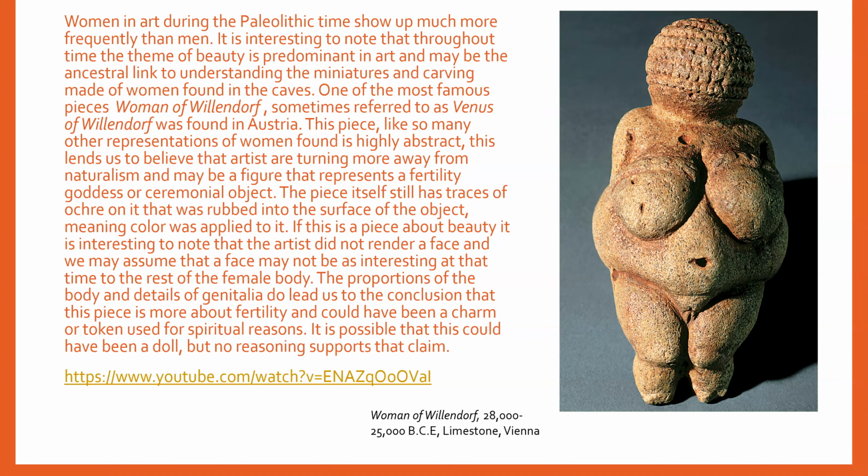Now, probably the most famous of these pieces that we know of has been called the Venus of Willendorf, or just Woman of Willendorf. This little statue is actually pretty small, easily fitting in the palm of your hand, and it was found in Willendorf, in the Austrian-German area, and it has a really interesting story of being found at the site.